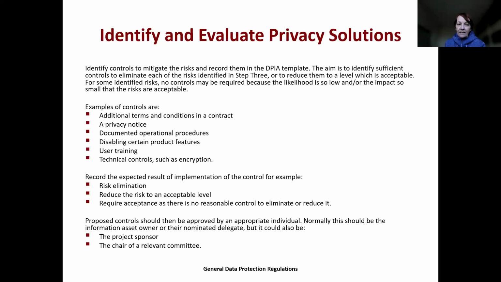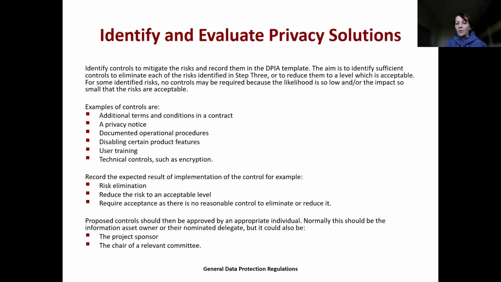And then, as I say, record the expected result of implementation of the control. Risk elimination, great. That's the ideal. Very rarely happens. Reduce the risk to an acceptable level. That's the norm, really. It's very difficult to reduce a risk to zero, because the best controls are not infallible. There are no absolutes, is probably the best way of putting it.